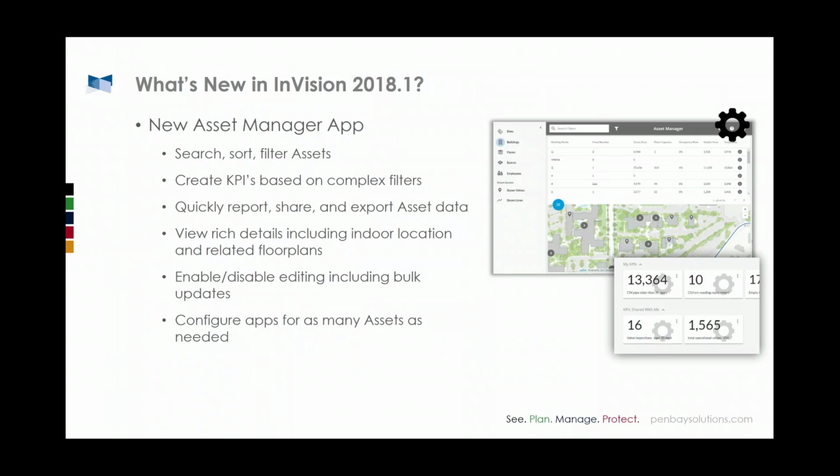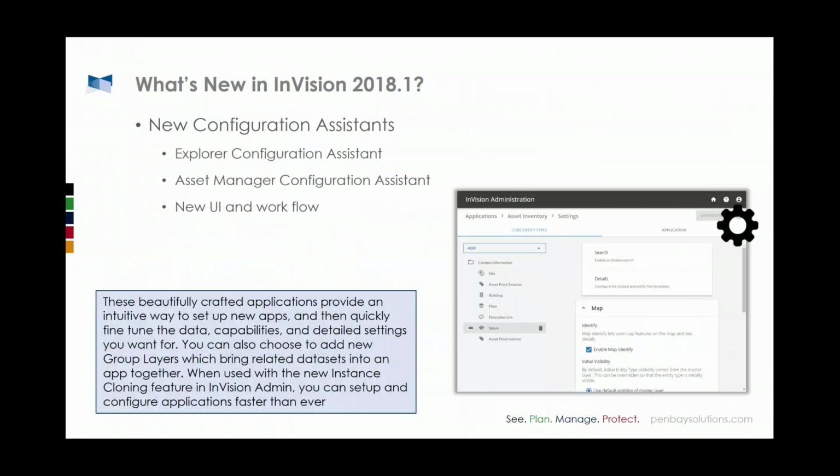So you might have an Asset Manager instance for a particular utility system, or another one for safety and security assets, another one for leases, for instance. So there's a wide variety of ways that you can configure Asset Manager to reflect the needs of different user groups across your campus. And really the configuration story is another big and important theme within the InVision 2018.1 release.